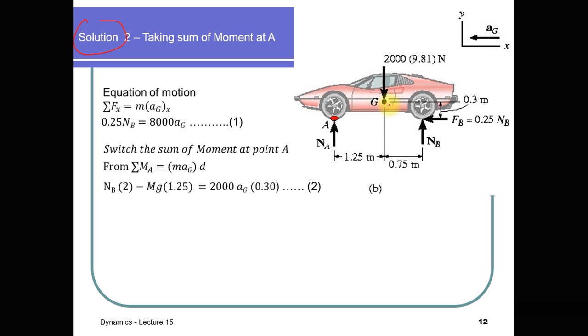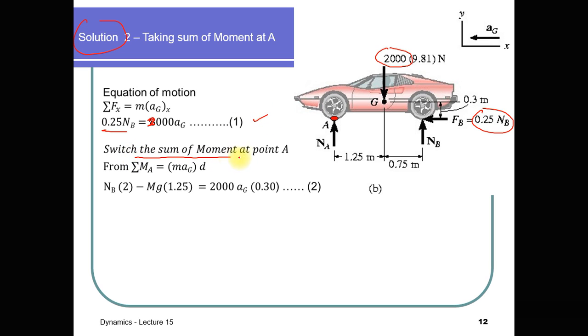Rather than taking the sum of moment at point G, we offset the sum of moment to point A. Equation of motion number 1: the total external forces in the x-axis equal m a_G, where 0.25 N_B is equal to 2000, the mass of the car, times a_G. This is the first equation.